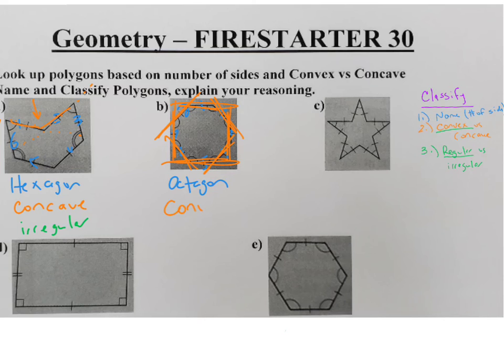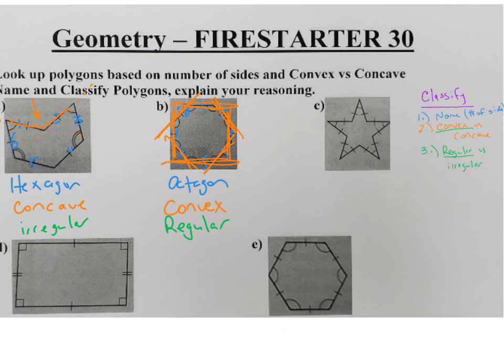That means it's convex. Basically, like I said, the easiest way for me to look at it is, does it look full? Like there's no flat side, there's no dented insides. So that means because of all the congruent sides and angles, it's regular. So this is a regular octagon, convex.